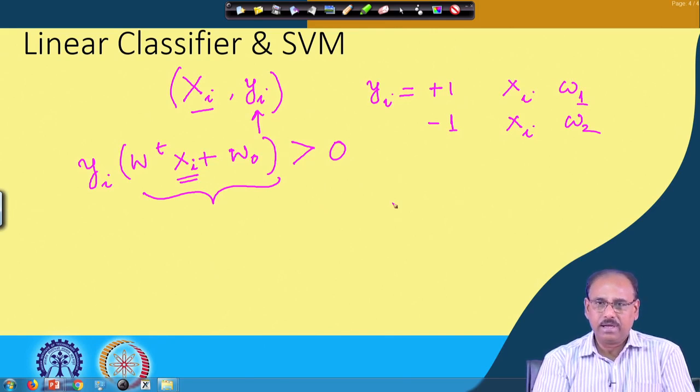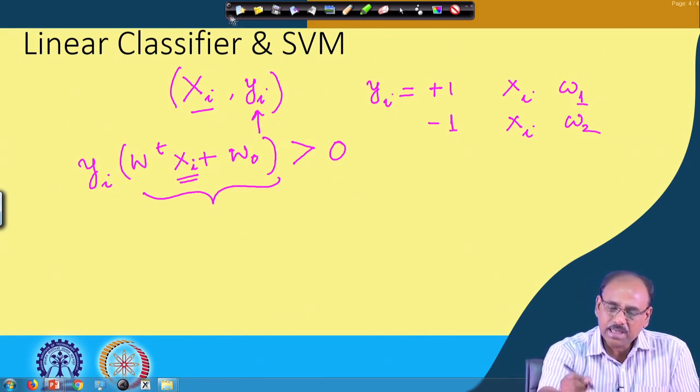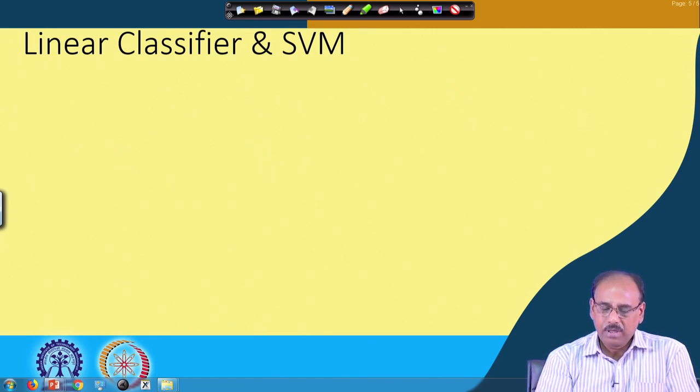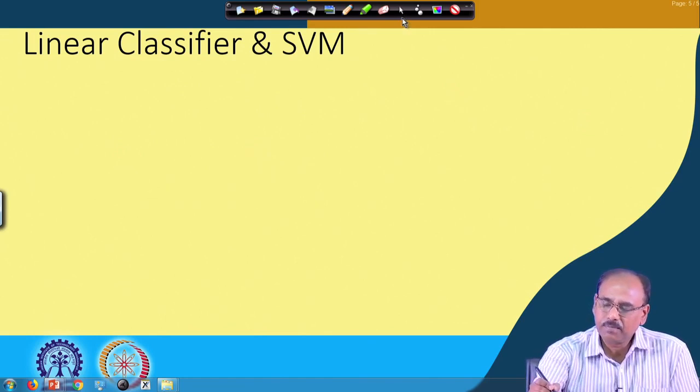So, for any xi, when yi times (W transpose xi plus W naught) was less than 0, we had taken that this particular W and W naught could not classify xi properly. So, the vectors have to be modified, and that is how we have designed the linear classifier and also the support vector machine.